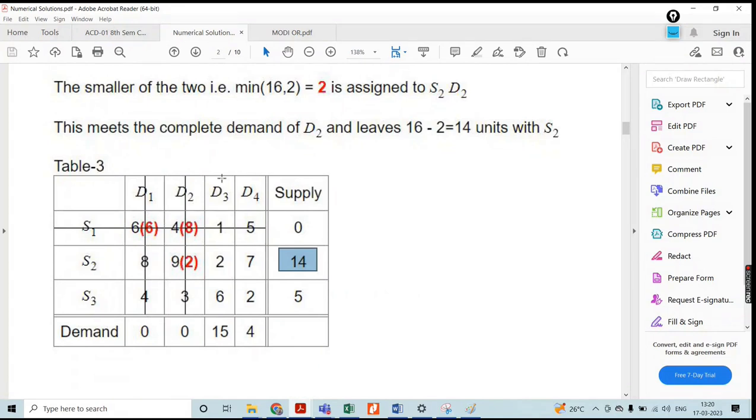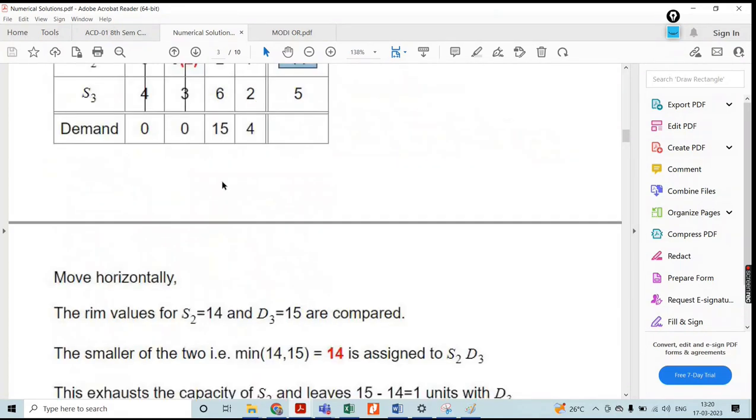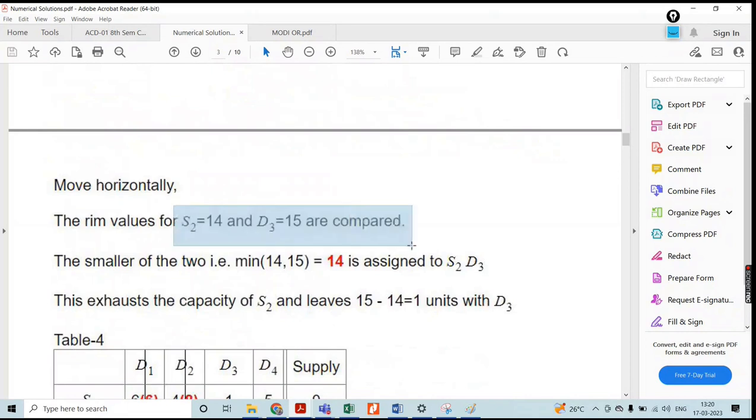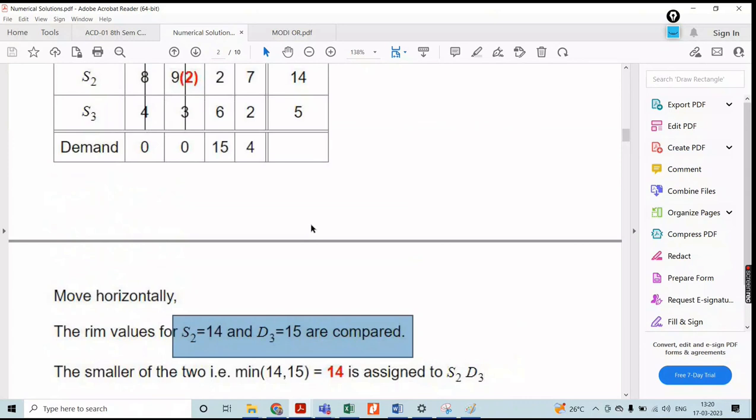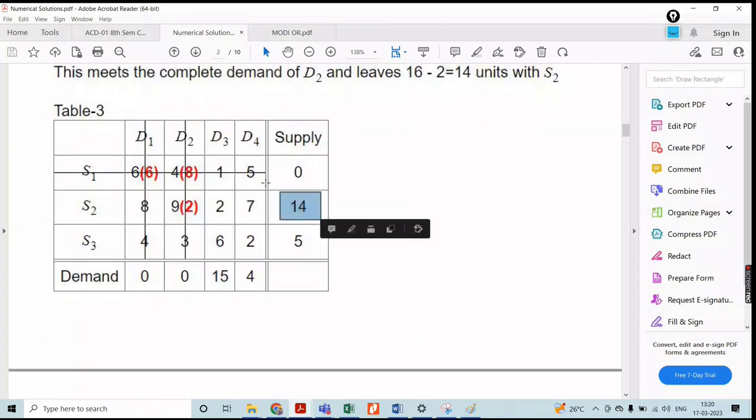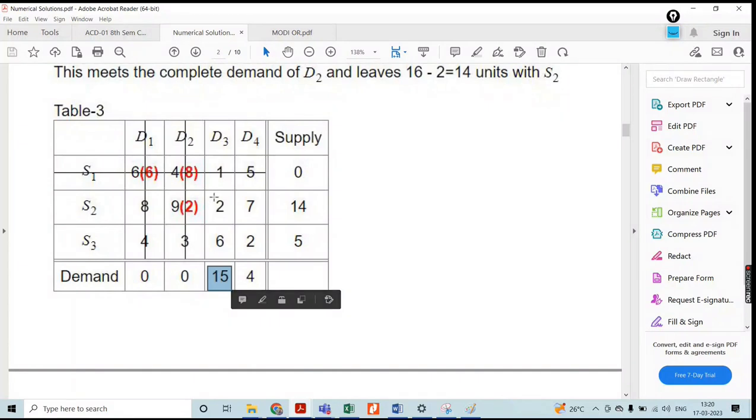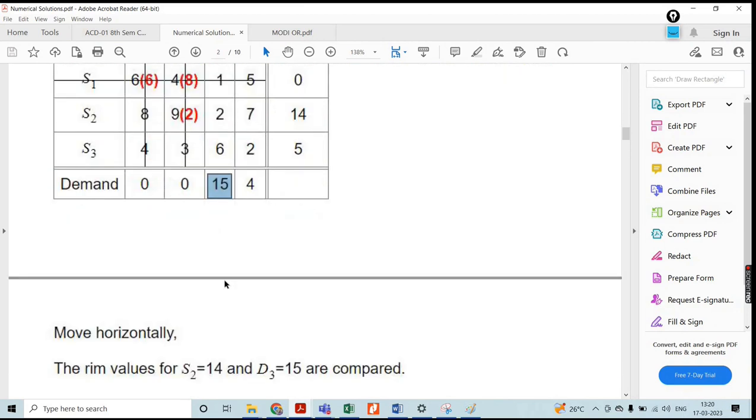Okay, next S2 to D3. S2 is 14, D3 is 15. At 2 rupees, I can allocate 14. Then how many is left? 1 will be left.